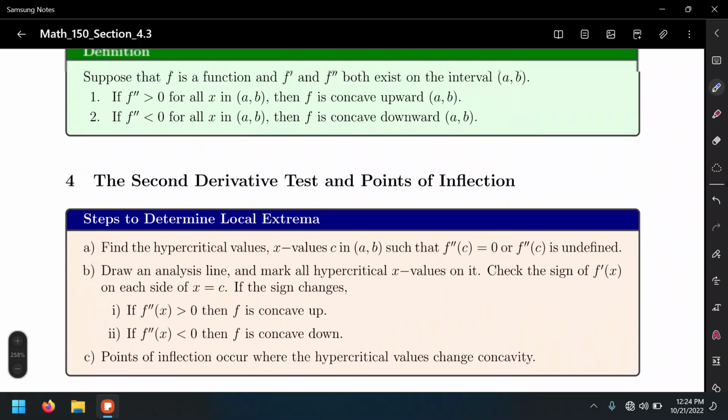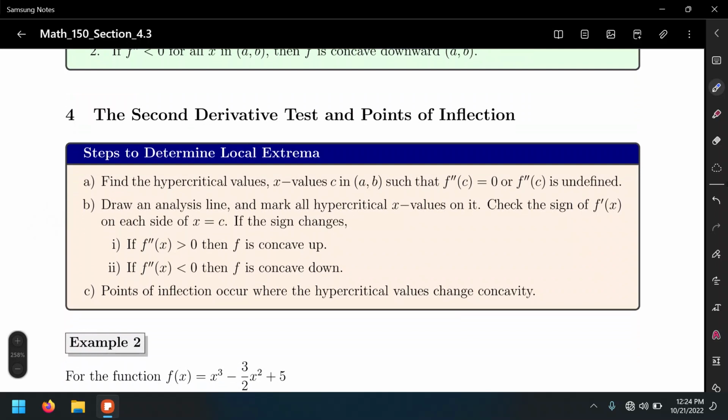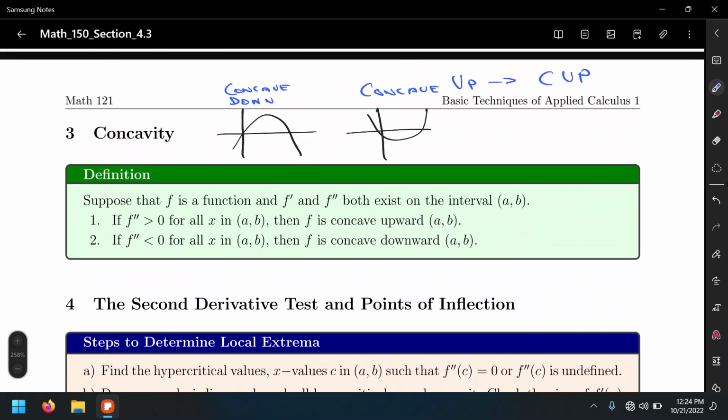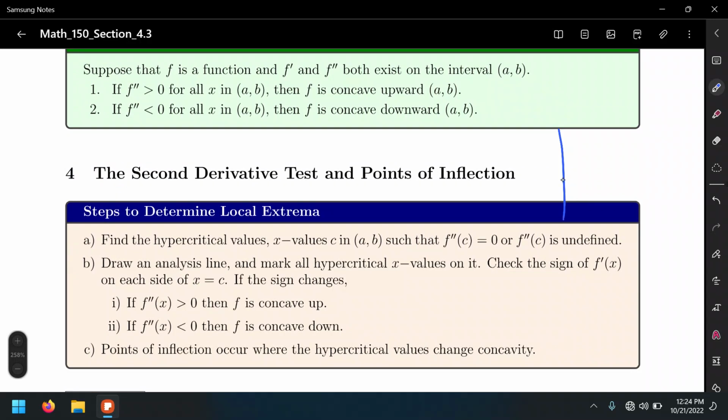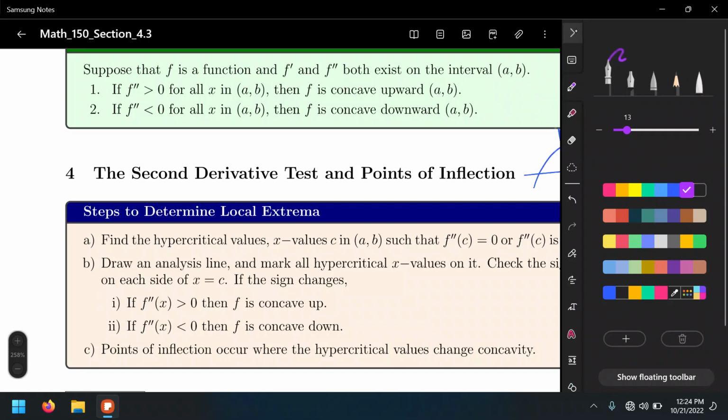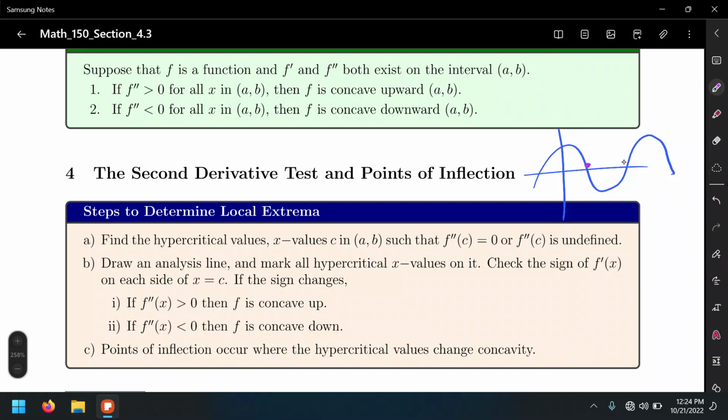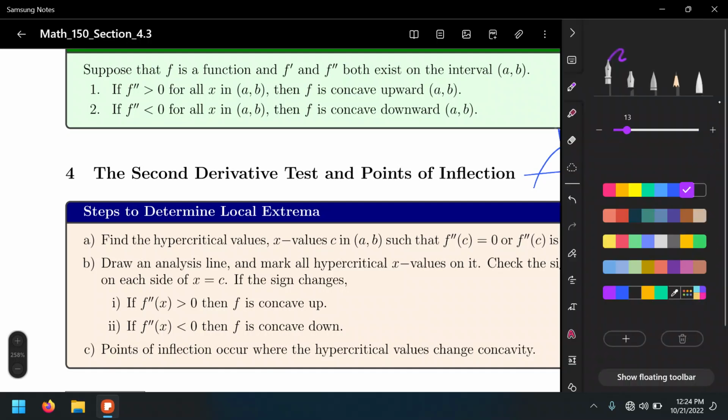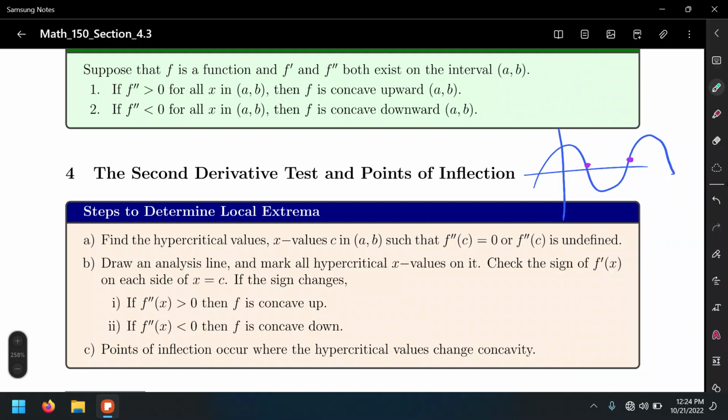Points of inflection are the points where the graph changes from concave up to concave down. Let me do another graph. This point is a point of inflection. This is another point of inflection, because this is the part of the graph that goes concave down.